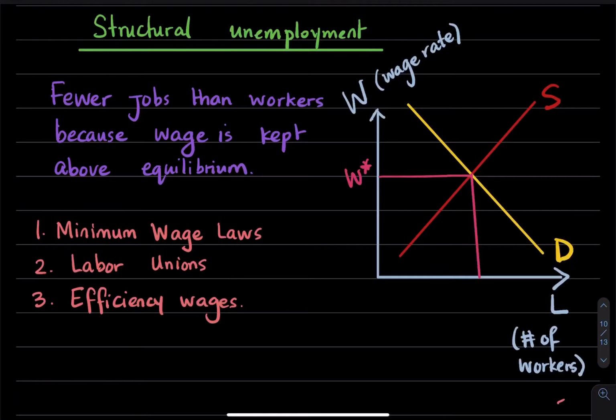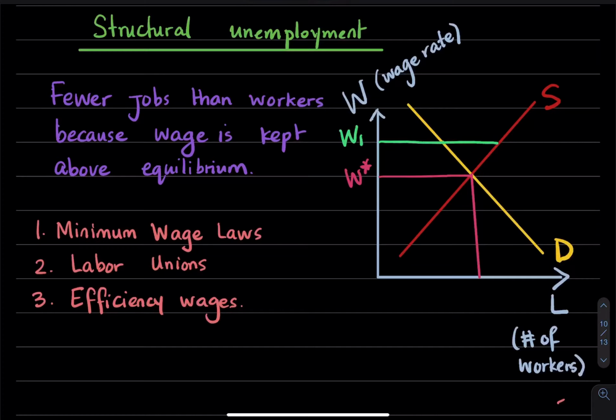But you could have a scenario where there are some policies or some social institutions that cause the wage rate not to be at W star, but at something that's higher than W star. So let's think about this guy right here, and let's call this W1.